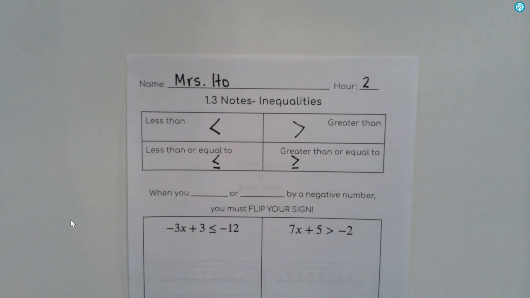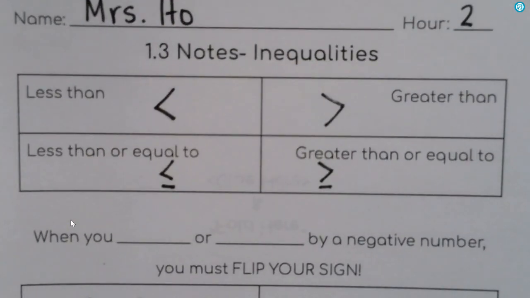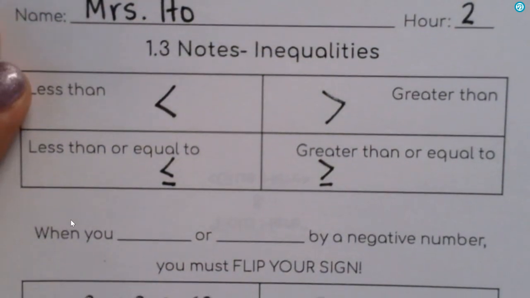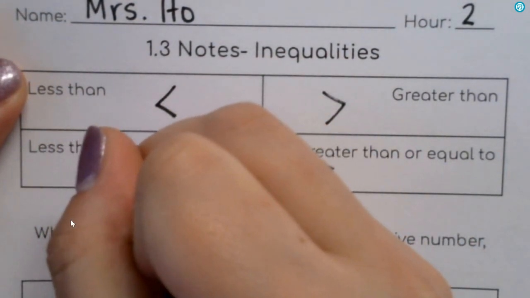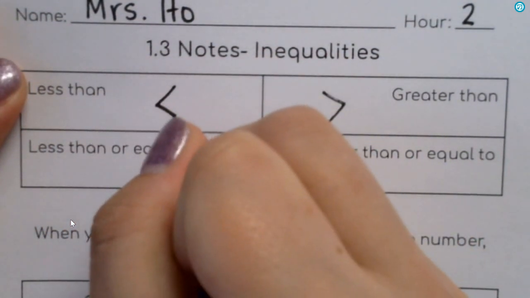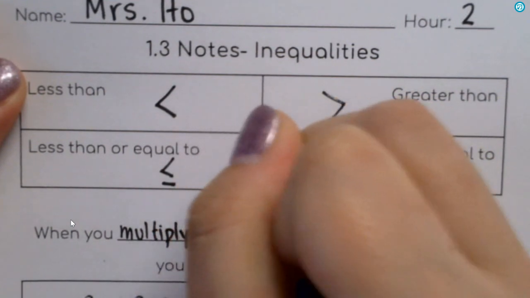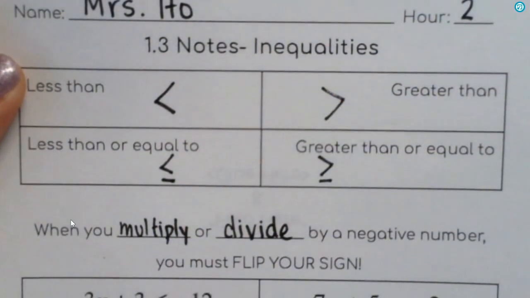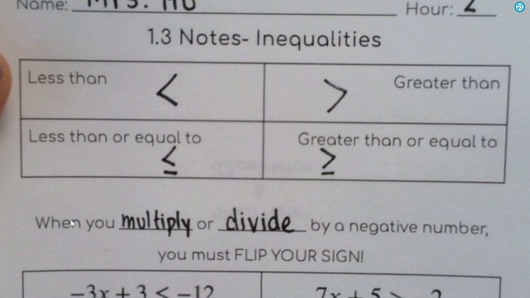Okay, so the one extra rule is that when you multiply or divide by a negative number, you have to flip your sign. What that means when we say flip is we flip it this way.